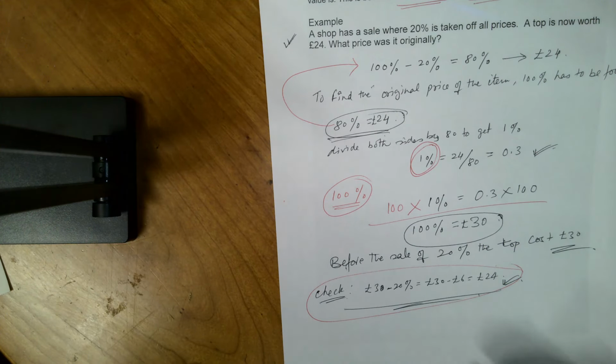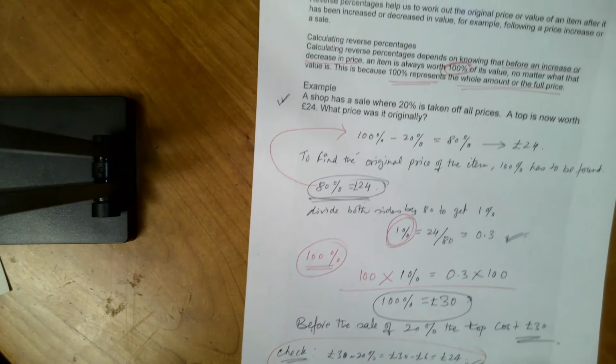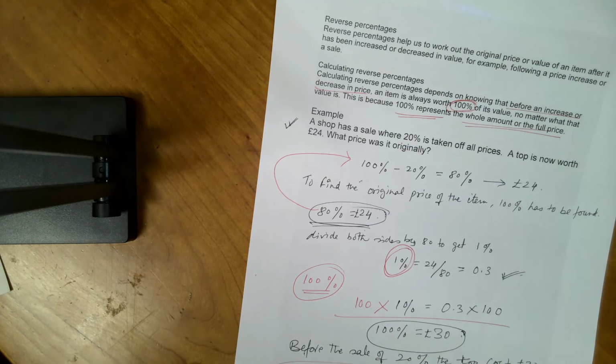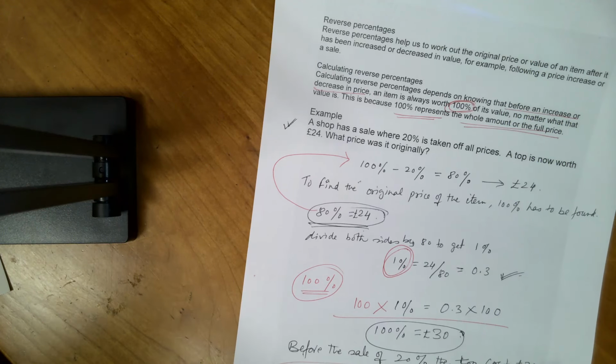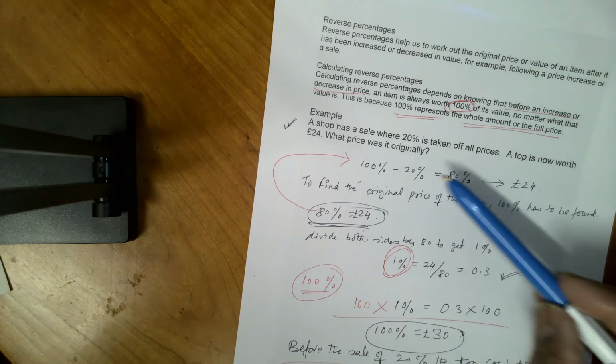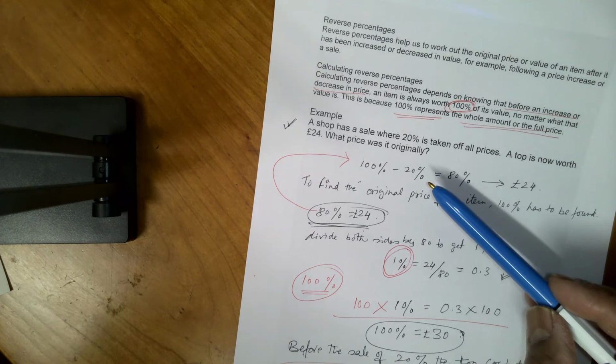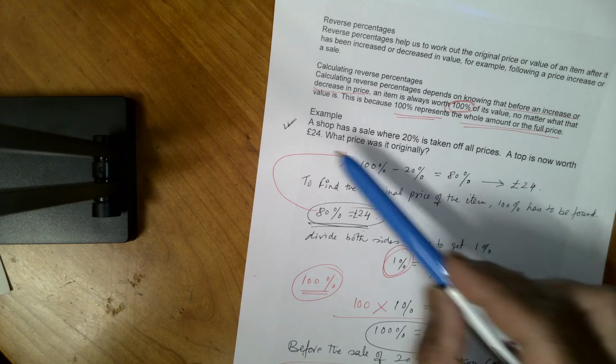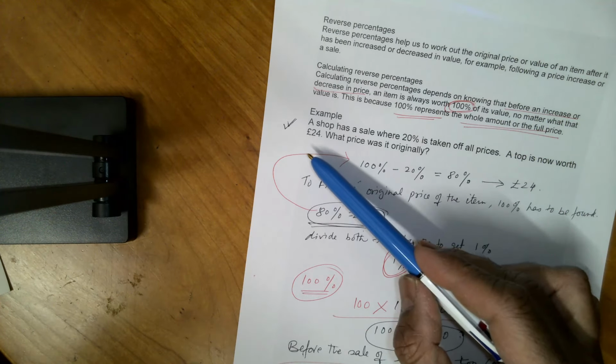Now some of the students make a common mistake when they have a reverse percentage. The common mistake is when we have this type of question, they work out 20% of 24, and that you should not do.